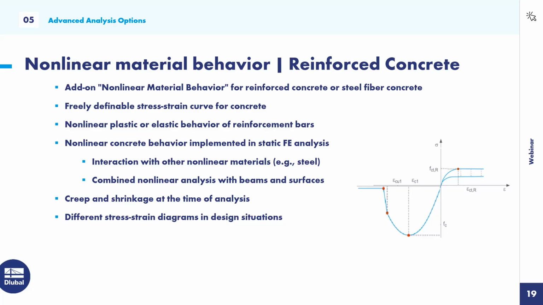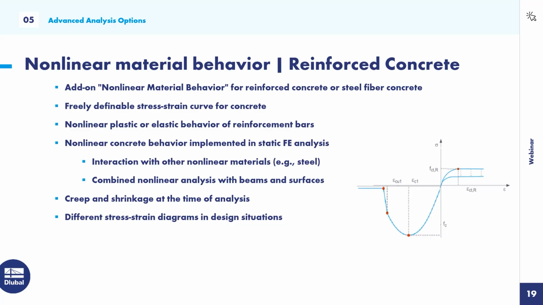This means we can calculate for ultimate limit state with the modified stress strain diagram, which is necessary according to the standards, and then use for the deflection calculation according to the serviceability design the characteristic or the mean values.